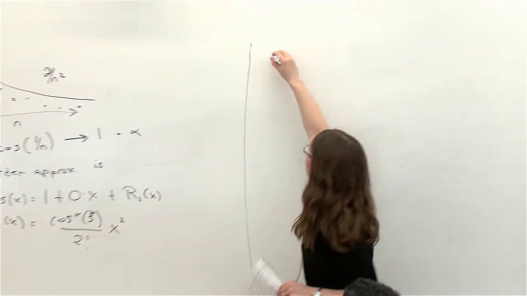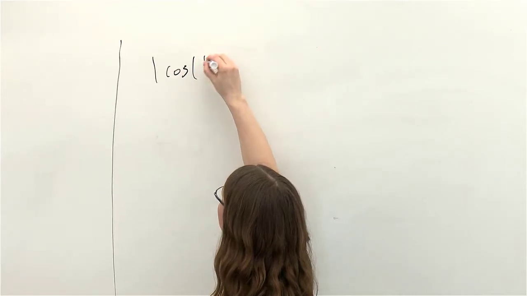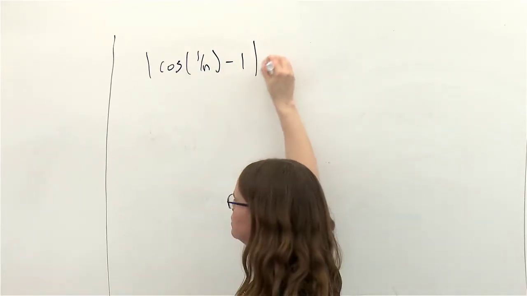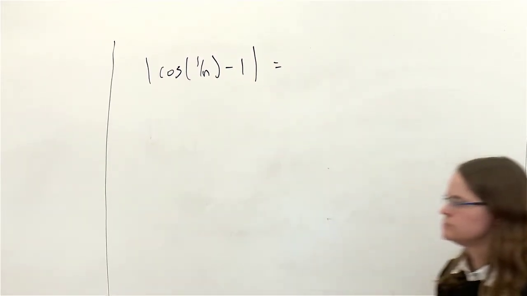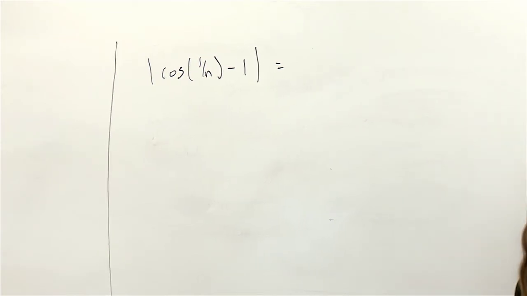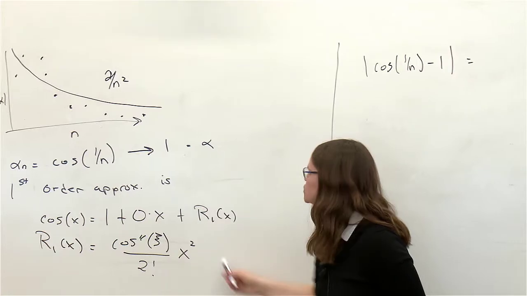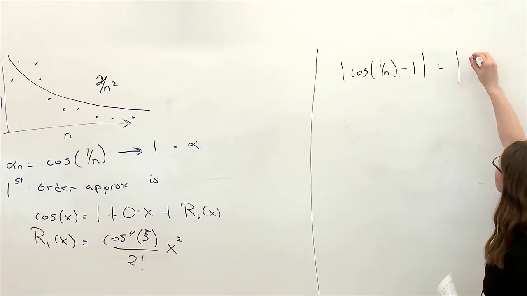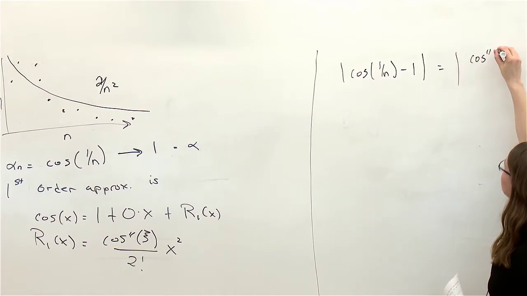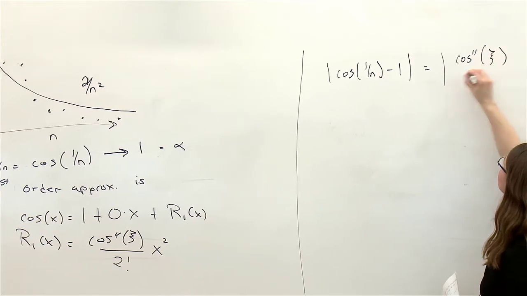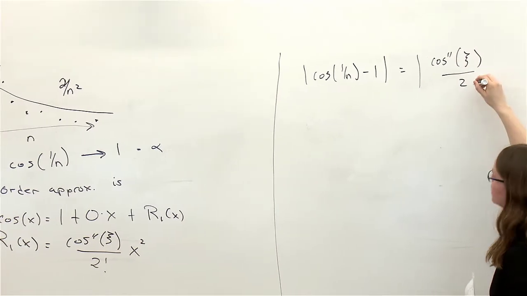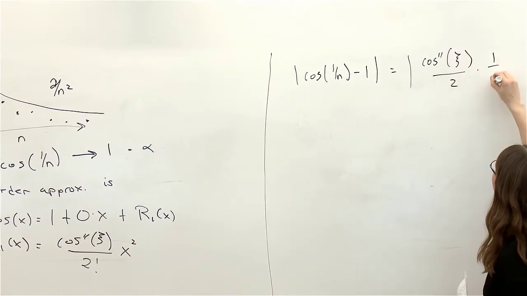So we have cosine of 1 over n minus 1. Cosine of 1 over n minus 1 is equal to this error term: cosine double prime of something divided by 2, times 1 over n squared.